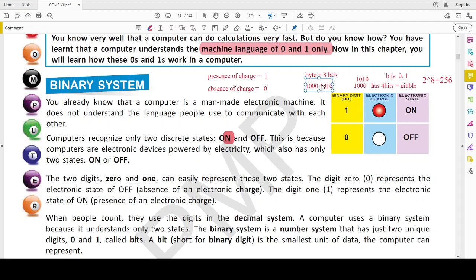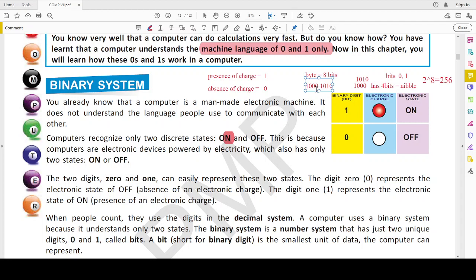For the fourth bit, that is, if the length of the representation is 4 bits, then 2 into 8 is 16 representations.